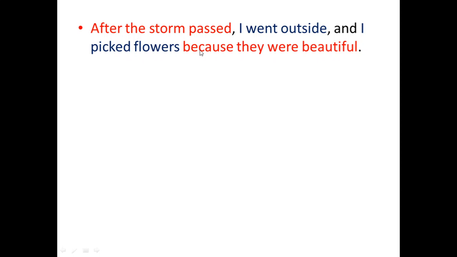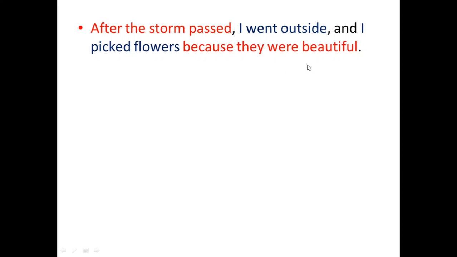And notice, here we added a dependent clause too. So this is your second dependent clause. So the sentences in red, they are dependent, and the sentences in blue, they are independent, right?